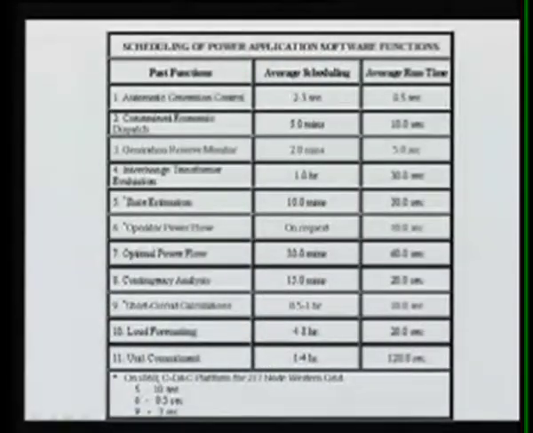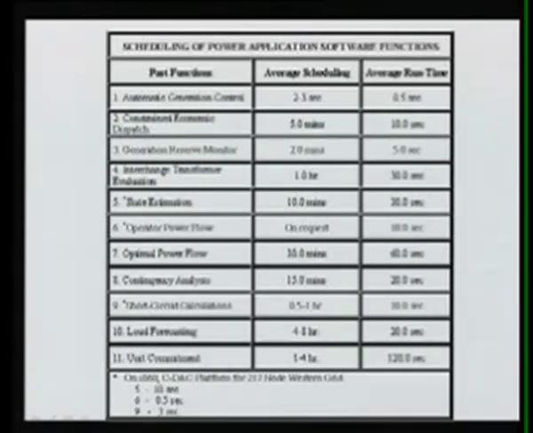So we saw the various security monitoring and assessment functions, and we also saw that these various functions require some software. So the scheduling of the power application software functions, you can see here, are the various functions.